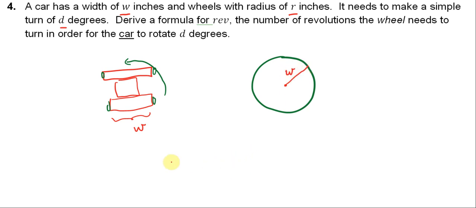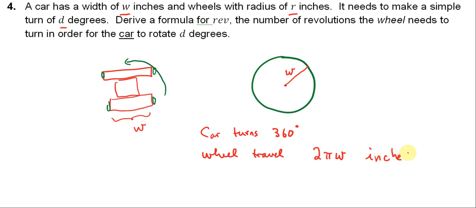So if the car turns all the way around, 360 degrees, then the wheel will travel a distance of the circumference of this circle. So this would be 2 pi times W inches. These are going to be our units. Now let's talk about the wheel.